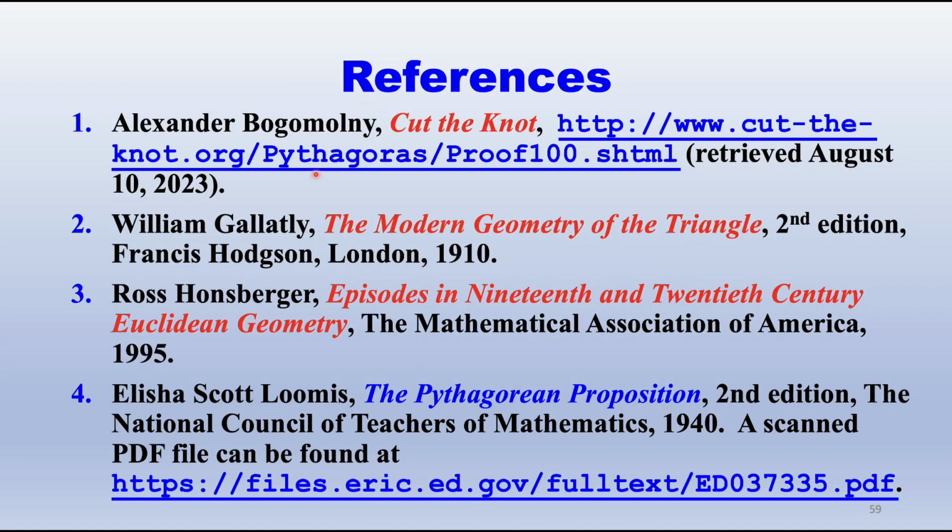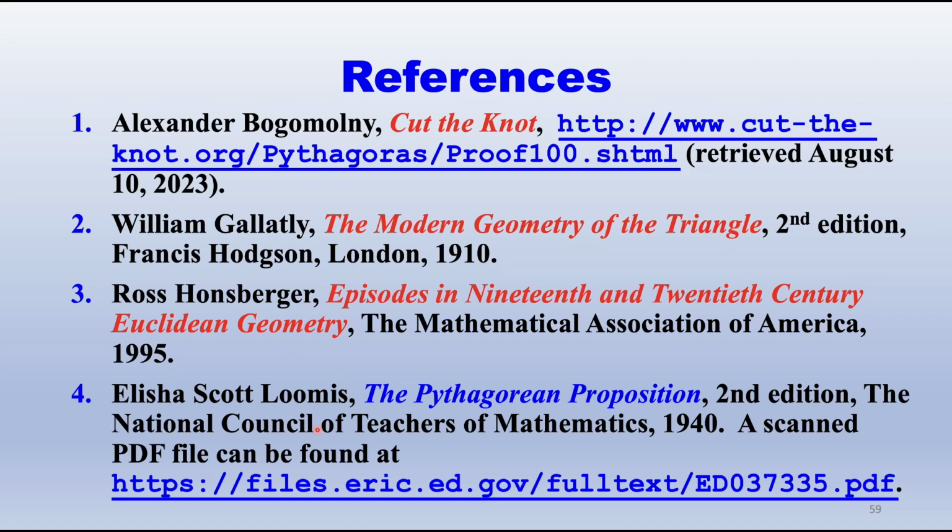Here is the reference. Cut the Knot is available here, which is the example we discussed earlier. The new construction of the Lemoine points was taken from this book. And the ratio of the distance to each side, or equal, is taken from this book.